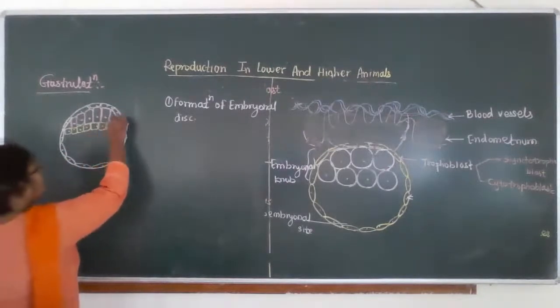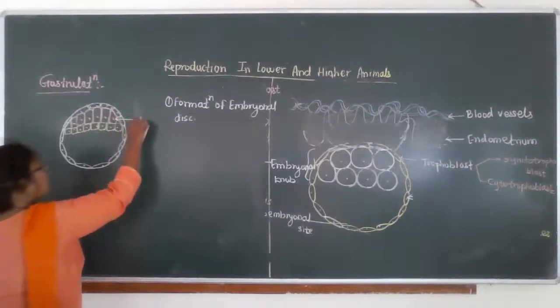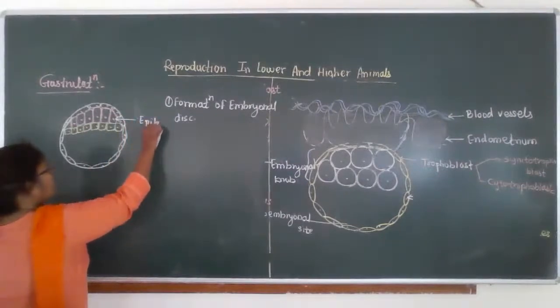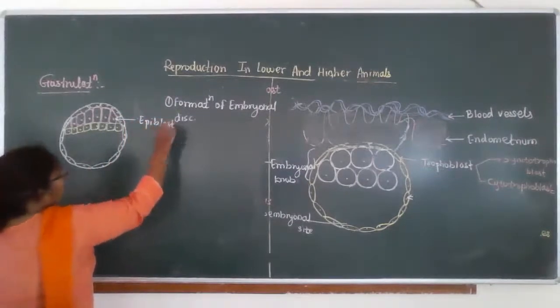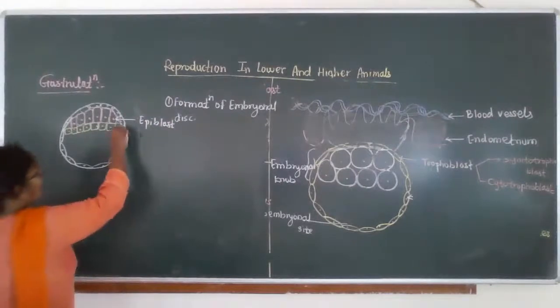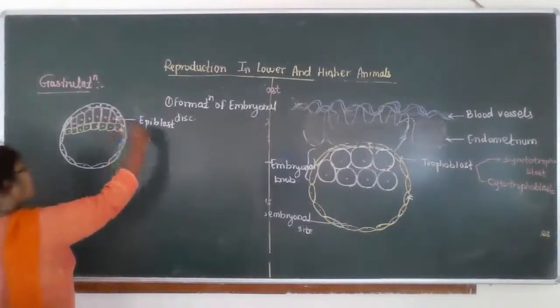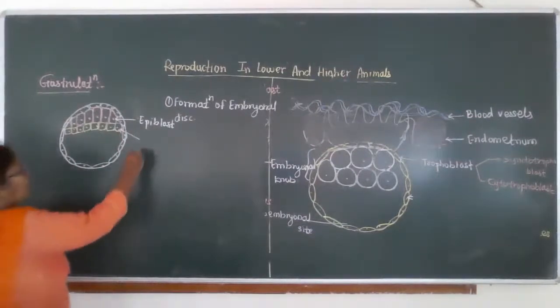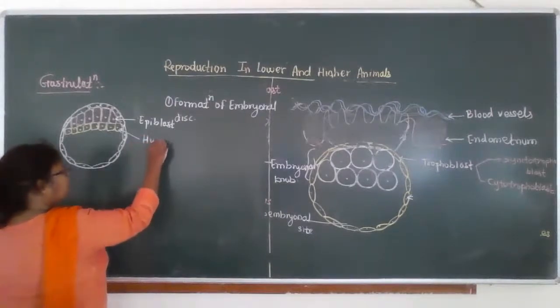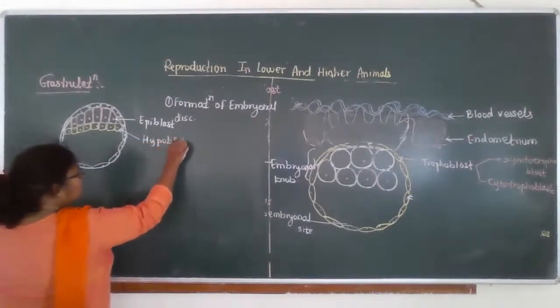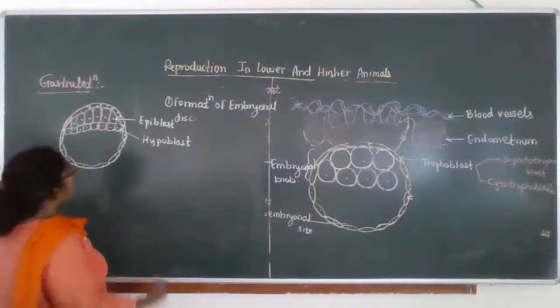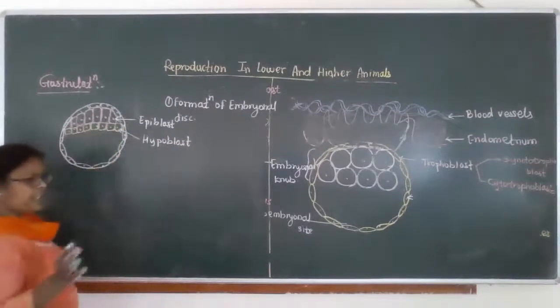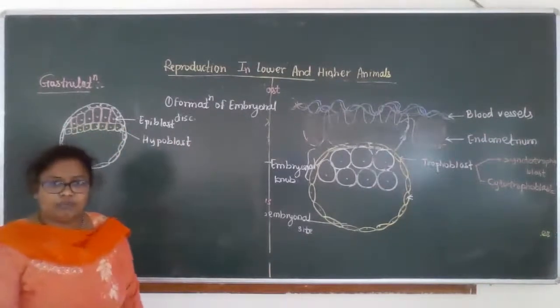Those cells which become elongated are called the epiblast cells. Change is happening in the cells. The cells which are elongated we call epiblast cells, and the cells which become cuboidal we call hypoblast cells. These cells are derived from the trophoblast, as you know.